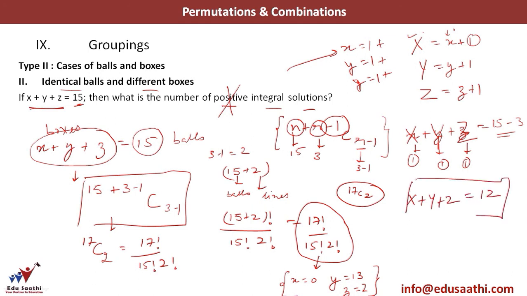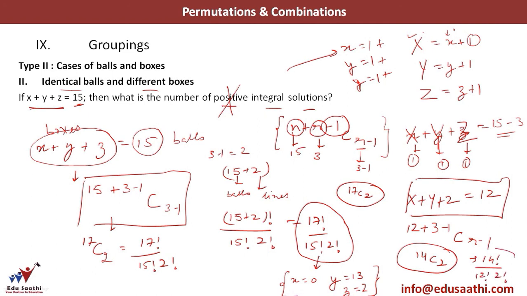Now this is the same case as before. I have 12 balls and 3 boxes. In how many ways can this be done? I can do it in 12 plus 3 minus 1, which is n plus r minus 1 C r minus 1, which is nothing but 14C2 ways, or 14 factorial divided by 12 factorial times 2 factorial.